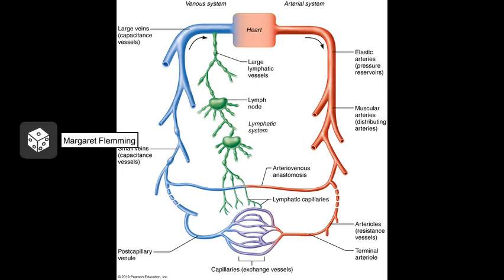I'm going to jump ahead in your notes and just briefly talk about veins. The vein that drains the capillary is called a venule, postcapillary venule, and all of these will drain into small veins, which then drain into larger veins, which have a lot of capacity.